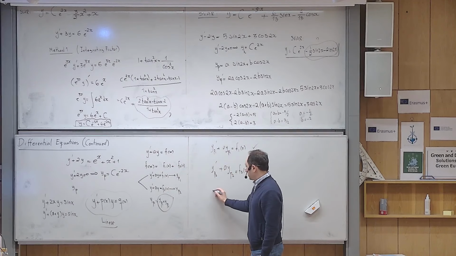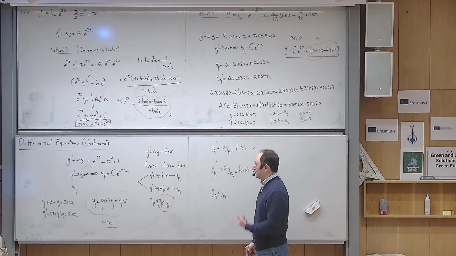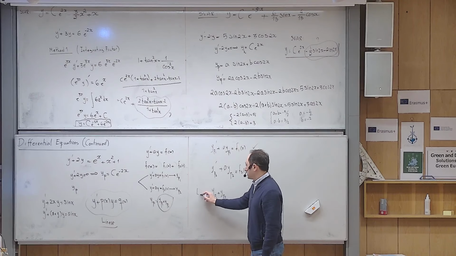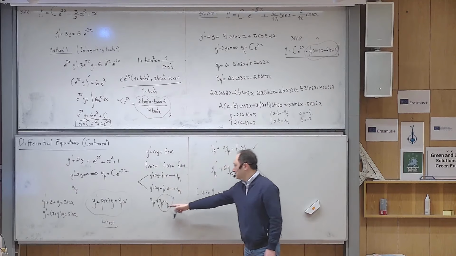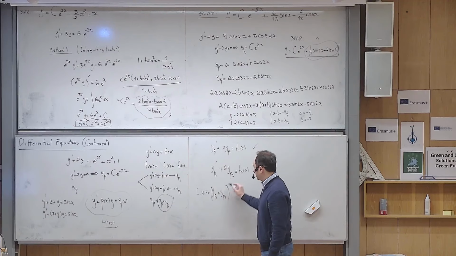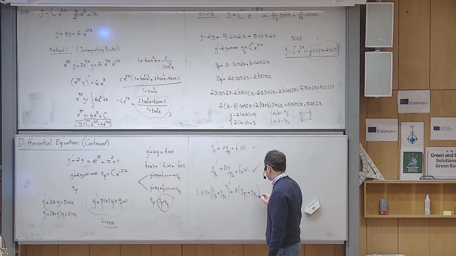Let us do that. I will take this function and put it in the original differential equation and show that it fits the equation. In other words, I start from the left-hand side of the original equation, replace every appearance of y with this, then what happens? And that's exactly the linearity property that we talked about.